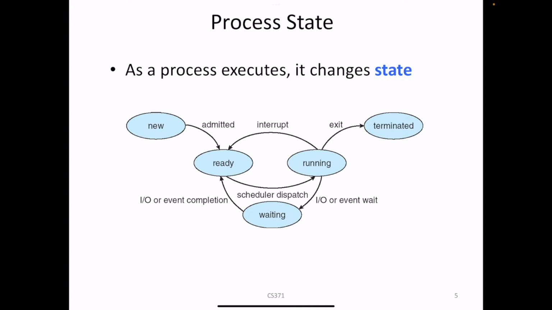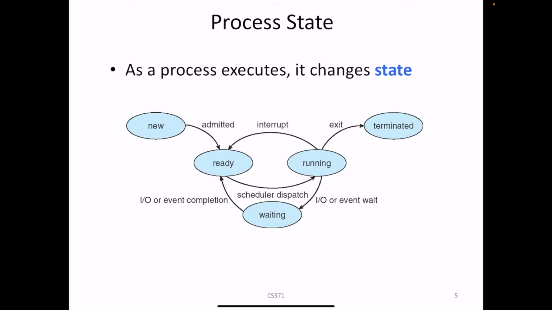During the lifetime of a process executed in the operating system, it can change state from time to time. At the very beginning, when you double click a program, the program is loaded into the main memory, and it starts from the new state.